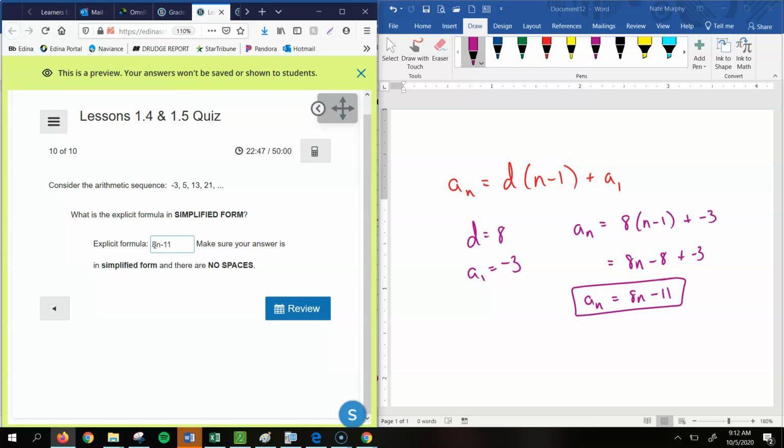So if you lost a point because you had a sub n equals 8n minus 11, and you ran out of space, you just left it like that, let me know, shoot me an email, and I will give you credit for that. But otherwise, I'm pretty sure I went through and caught anybody that made that mistake, or it was more my mistake. So anyways, on the test though, the a sub n equals will be part of that, and you just have to figure out what is the actual explicit formula that we'd use to get the different values in the sequence. So hopefully that makes more sense.